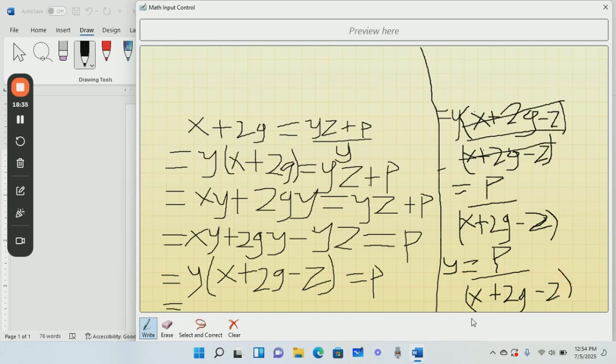So this is our final answer. So our final answer is equal to p all over bracket open x plus 2g minus z, bracket close. So that's our final answer.